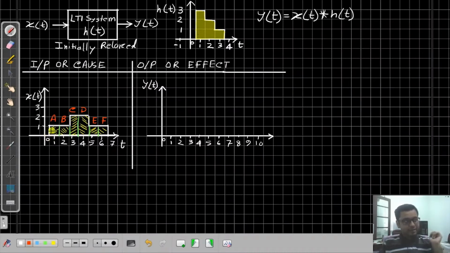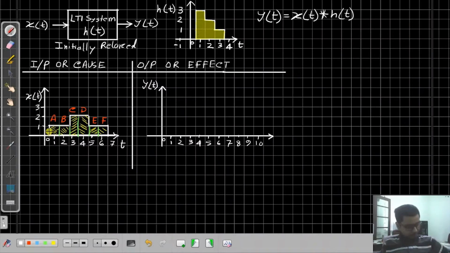So let us do that. Consider slice A. And one more thing, you should remember that when these slices are very narrow, that means the delta time interval between two slices is very narrow, then these individual slices can be considered as impulse signals, and the strength or the coefficient to those impulse signals depend on the area under these individual curves, or the area of these individual slices.